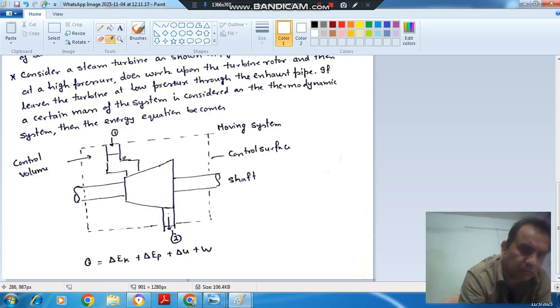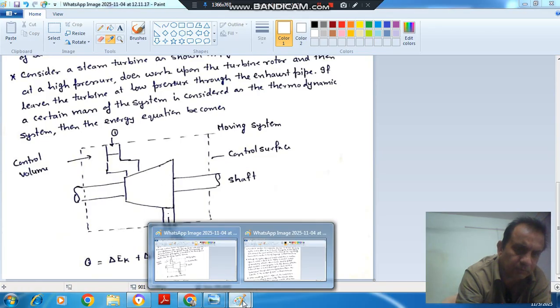In the Lagrangian approach, we concentrate on the same mass that has entered here, has done some work and left the turbine. Whereas in Euler's approach, we concentrate on this volume. Mass is entering here, mass is leaving here, and the turbine is producing work. So we concentrate on this particular volume, not on this mass.